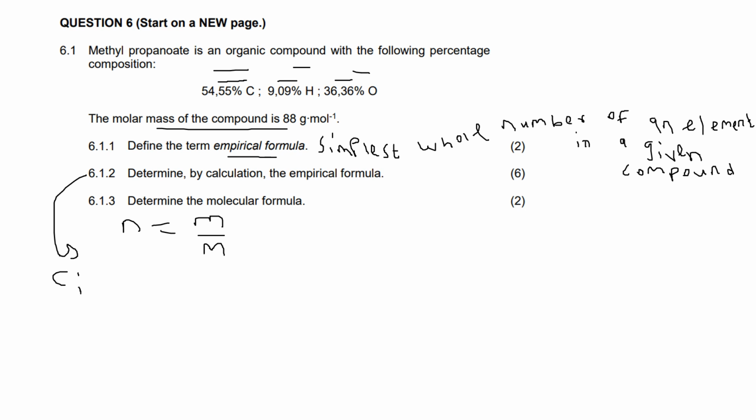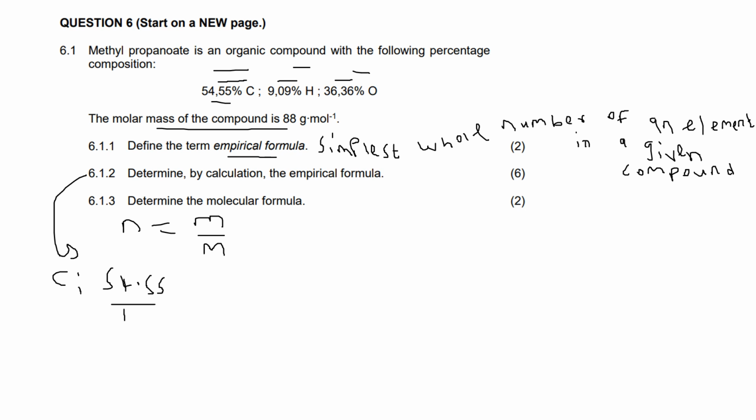To find the number of moles for carbon, the mass will be the one given as 54.55. It's already in grams per 100, and then over the big M, which is the molar mass. The molar mass will be the mass number of carbon, which is there in the periodic table.